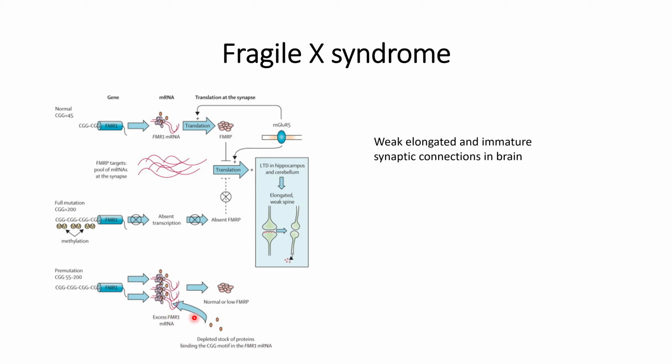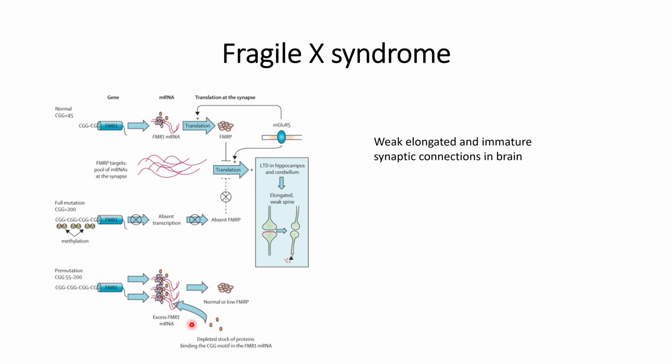When the excess amount of FMR1 mRNA binds to the other proteins with which it has an interaction, the amount of mRNA left for translation into FMRP protein might also get affected.